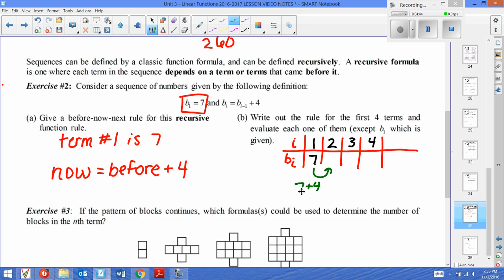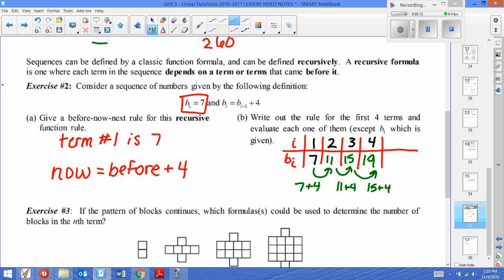So this is 7 plus 4, which is 11. Repeat, but instead of using 7, now we're going to use 11 plus 4, which is 15. And instead of using 11 or 7, we'll use 15 because we always build on the step before. And 15 plus 4 is 19.